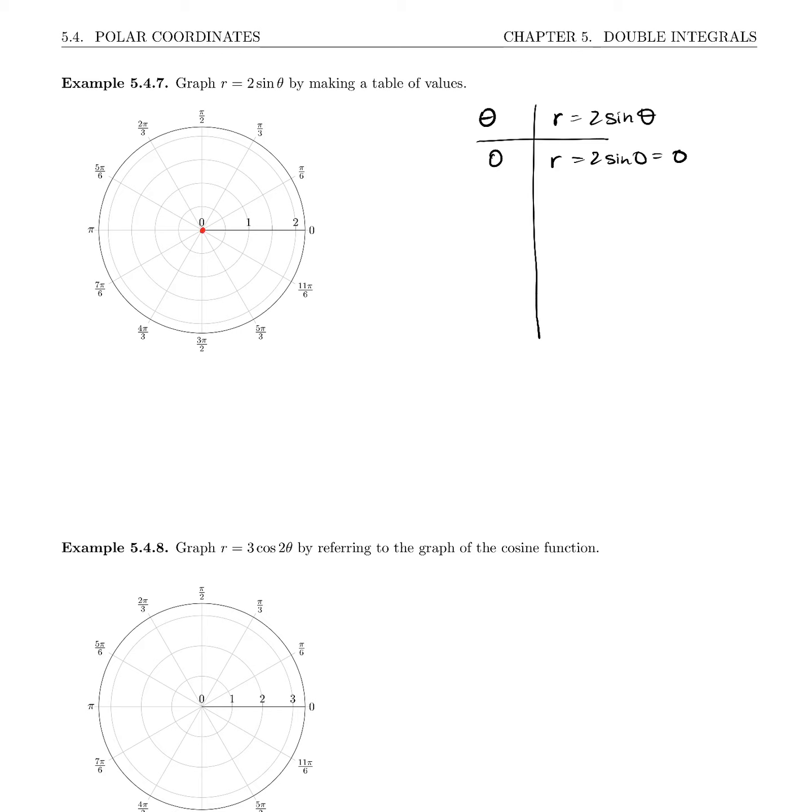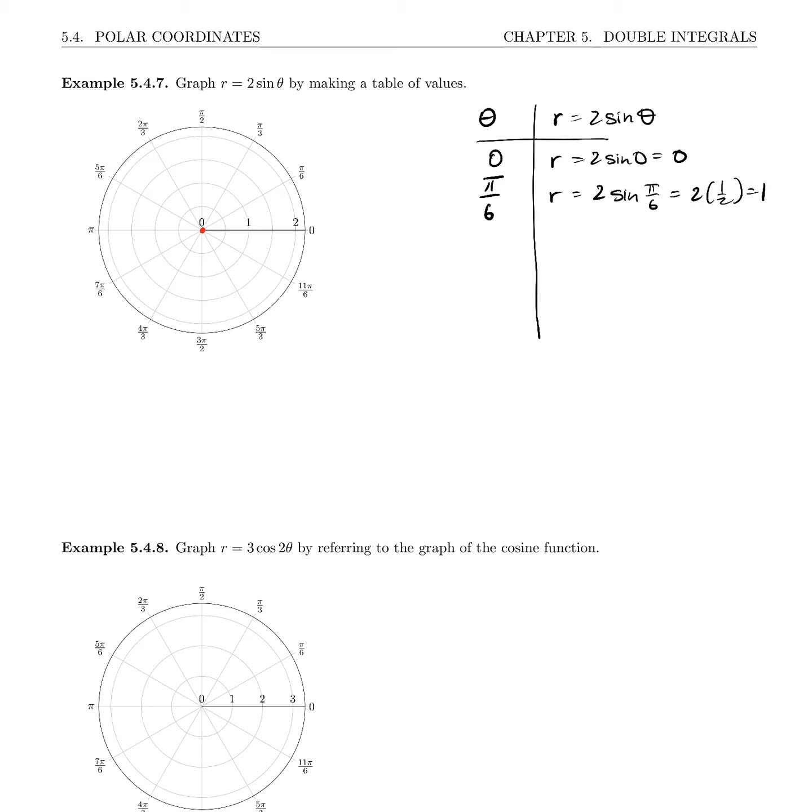So let's go and move up through the traditional trig circle values. So pi over 6. So r is equal to 2 times the sine of pi over 6, which is 2 times 1/2, which is 1.